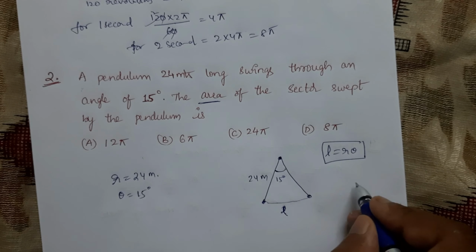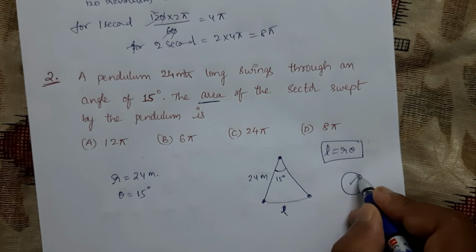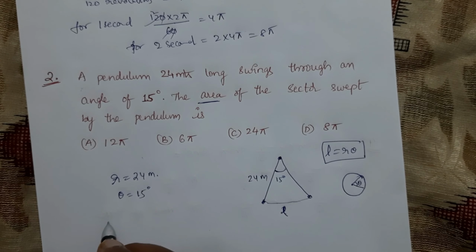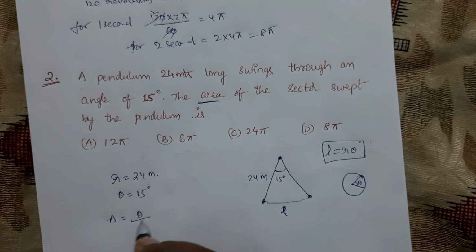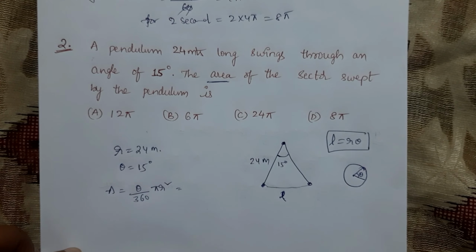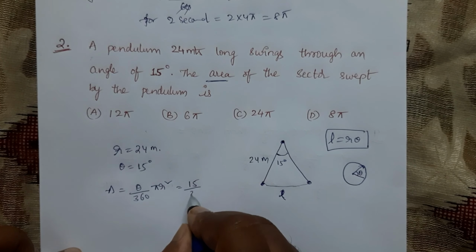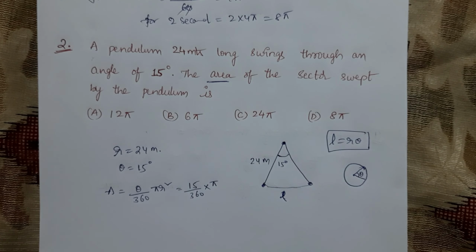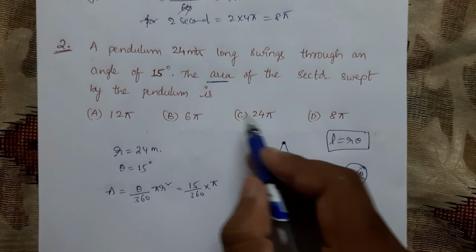We know that the area of a sector, for example in a circle, is given by the formula A is equal to theta by 360 into pi r square. Now here, theta is 15 degrees. So 15 by 360 into pi r square. What is r square?